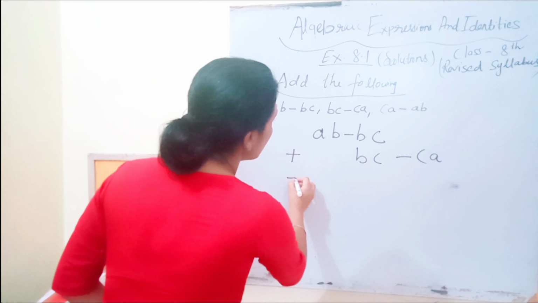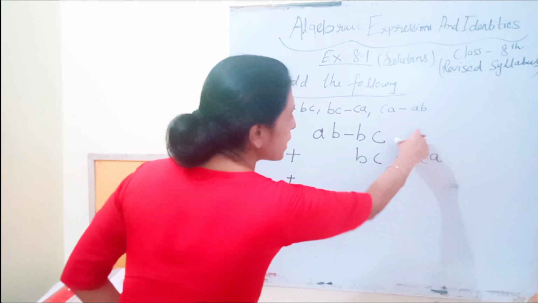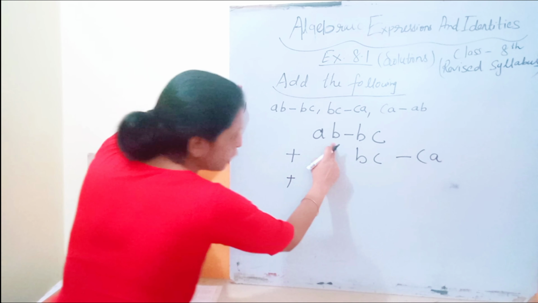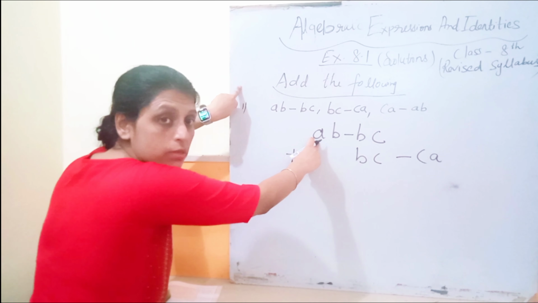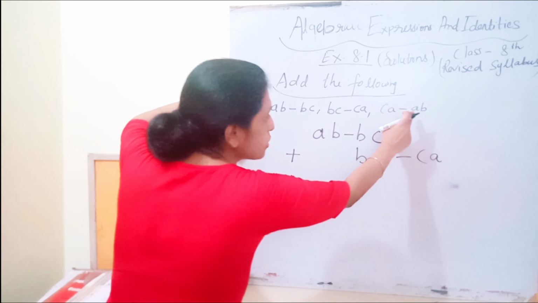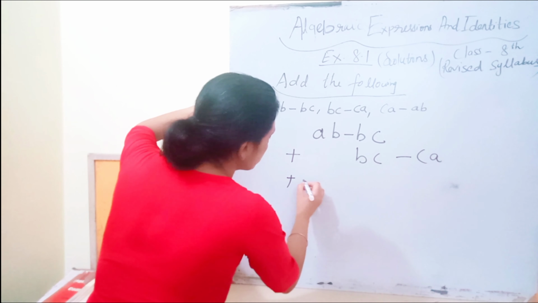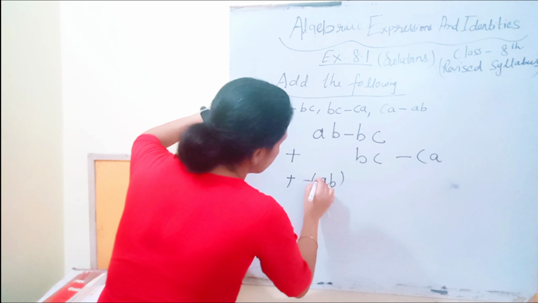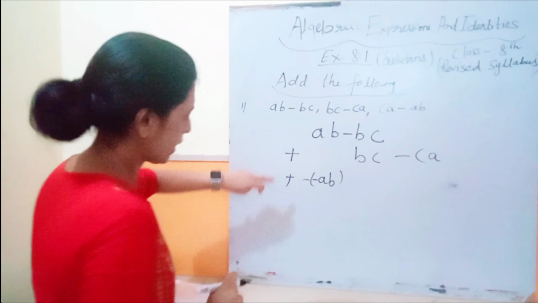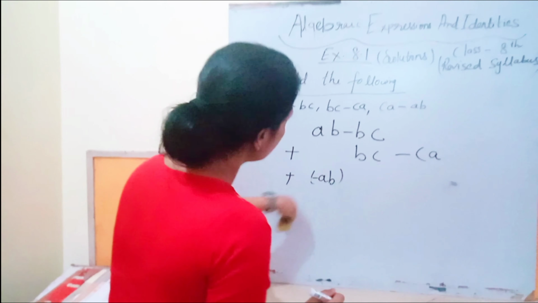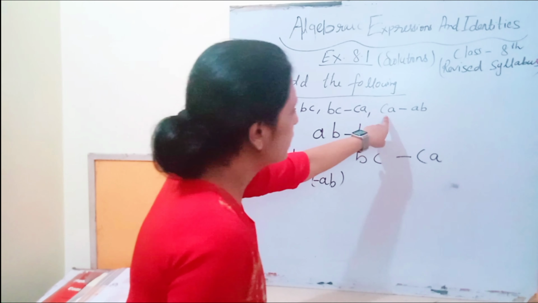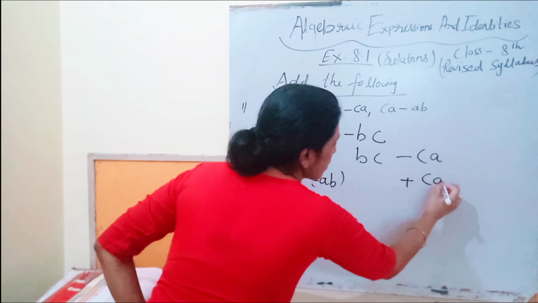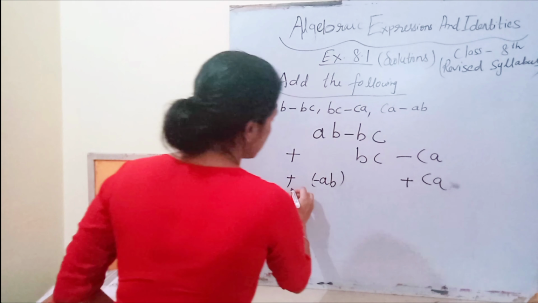Then plus, the next expression is CA minus AB. So this minus AB: in the first expression AB is there, so here we are going to put minus AB, or you can write it inside the bracket. The sign will be inside the bracket, okay. And then plus CA, got it.